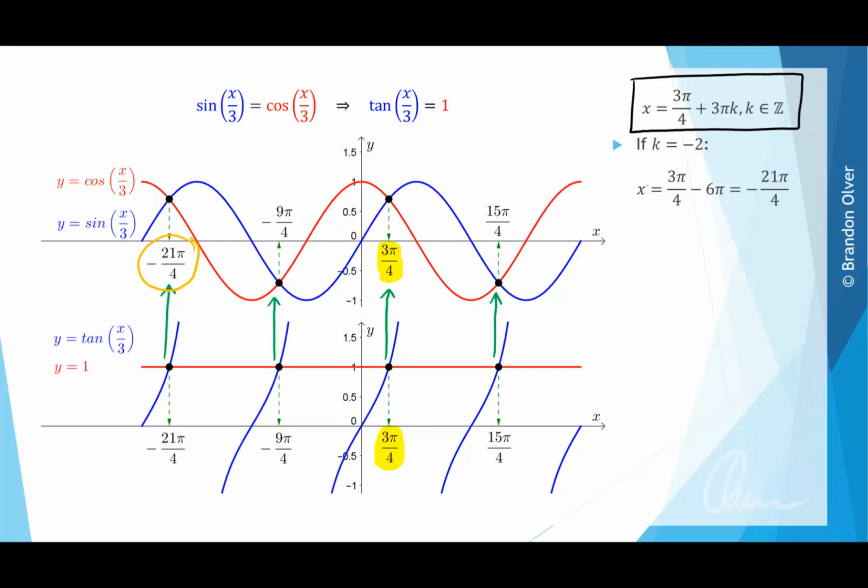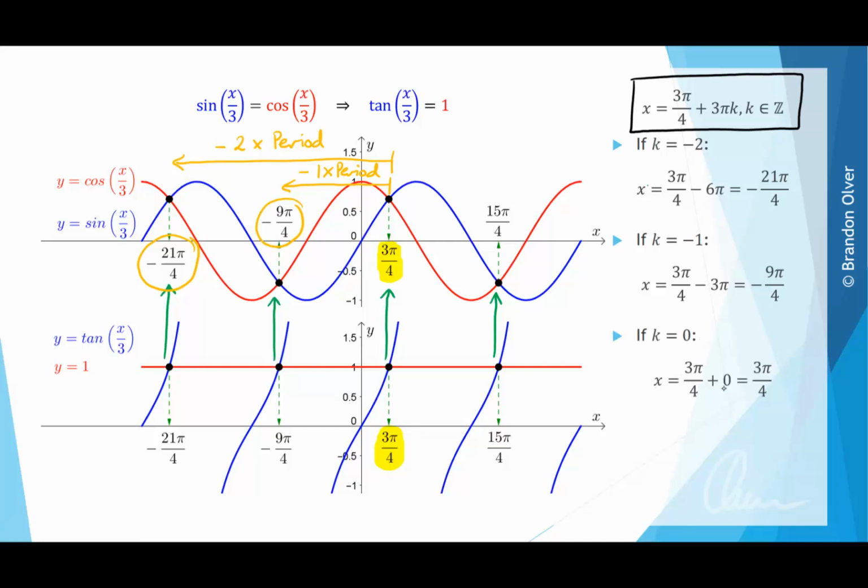So k being negative 2 says that what we've actually done is we've taken our specific solution and we've subtracted 2 lots of the period to find a new solution. So if k equals negative 1, we get x is equal to 3 pi on 4 minus 3 pi, and that's minus 9 pi on 4, so that's this solution here. So again, what we've done is we've taken our specific solution and subtracted 1 times the period to find another solution. If k equals 0, we have x equals 3 pi on 4 plus 0, which is just 3 pi on 4.